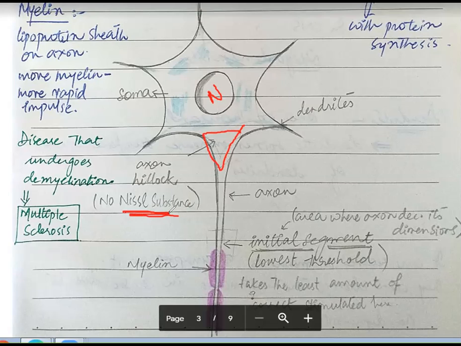Then this whole neuron is covered by a sheath of membrane. That sheath of membrane is called neurolemma. It is not written over here, but you can write it in your notes.